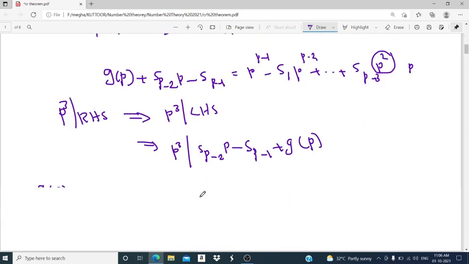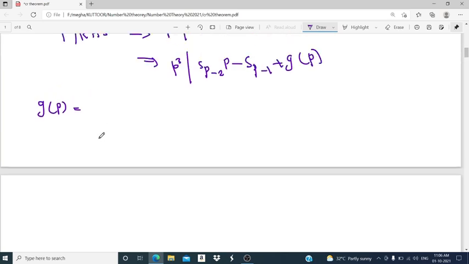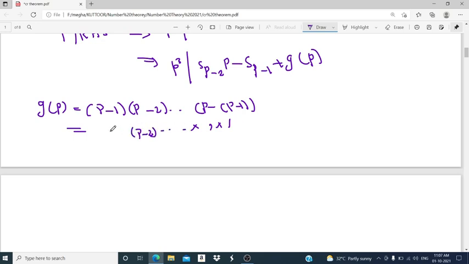Therefore, we put p instead of x, and we get p minus 1 into p minus 2 into etc., which is nothing but 1 into 2 into etc. into p minus 2 into p minus 1, which is nothing but (p minus 1) factorial.